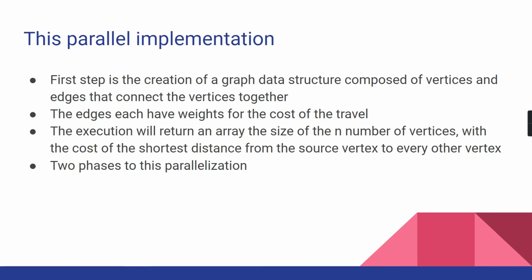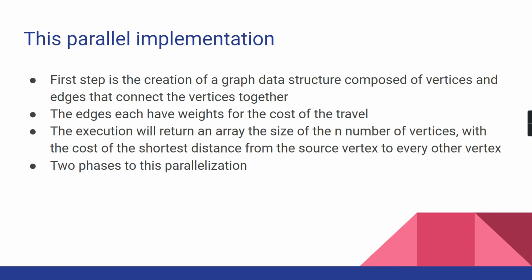Specifically in this parallel implementation of Dijkstra's algorithm, we start by creating a graph data structure that has the vertices and edges that connect the vertices. This is represented by a 2D array of edge weights, and these weights represent the cost of travel between nodes.